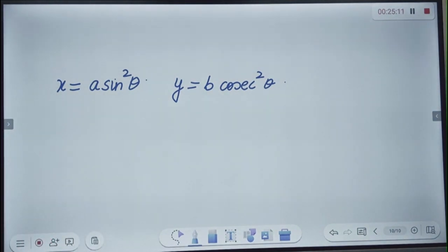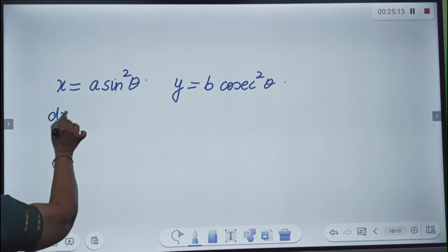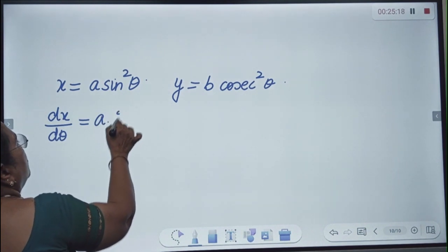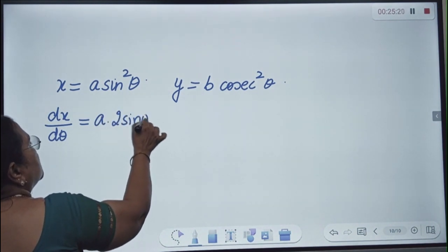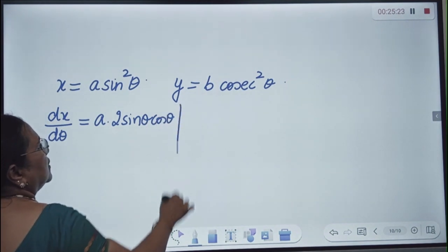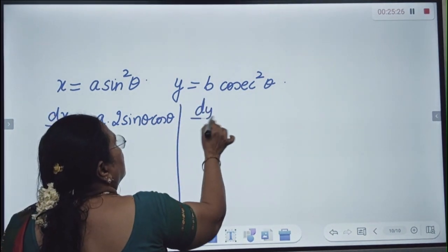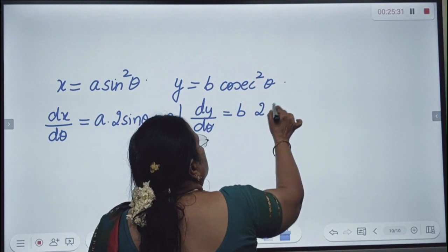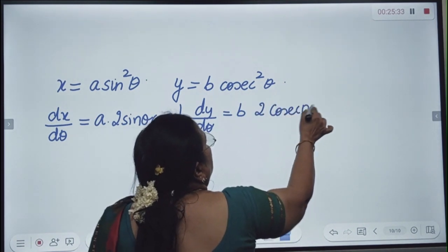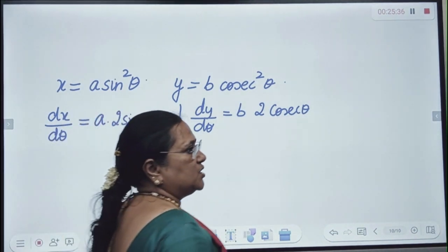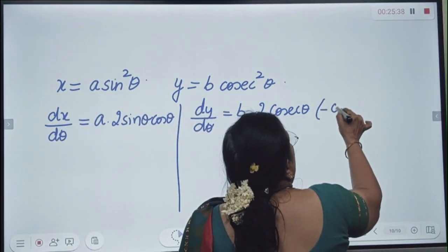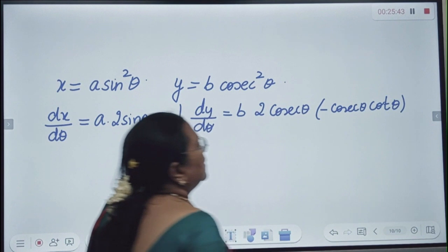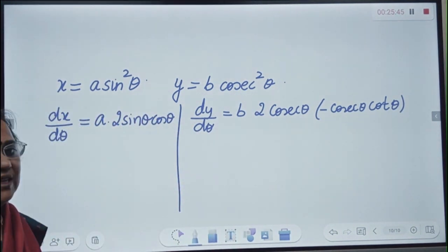Okay, now find dy by dx. dx by d theta is equal to a into 2 sin theta cos theta. dy by d theta will be b into 2 times cosecant theta into the derivative of cosecant theta, which is minus cosecant theta cot theta. The derivative of secant theta, you know, is secant theta tan theta.